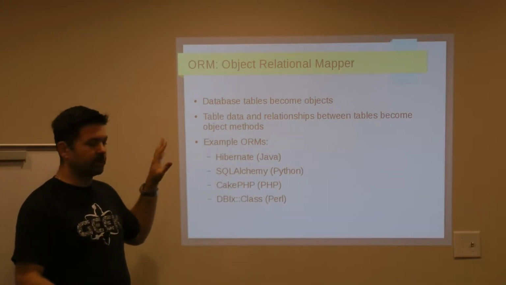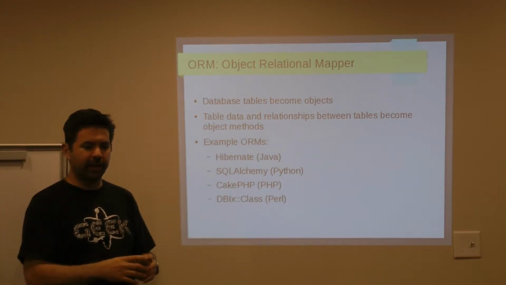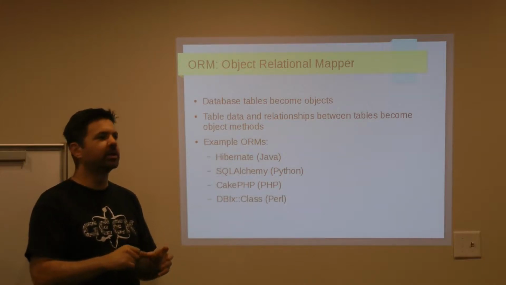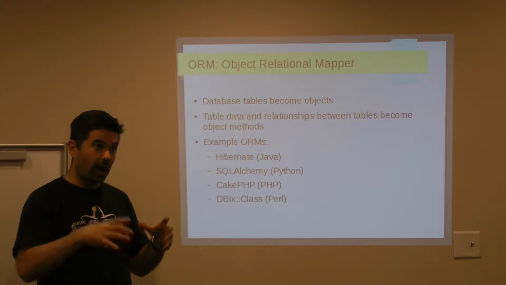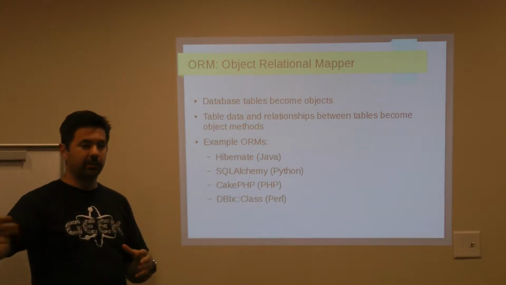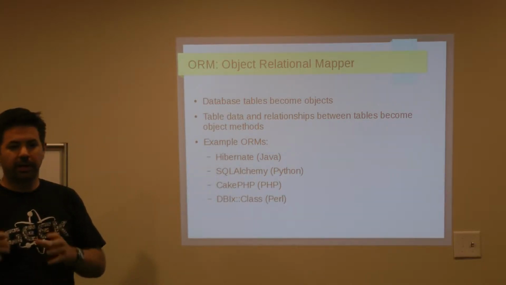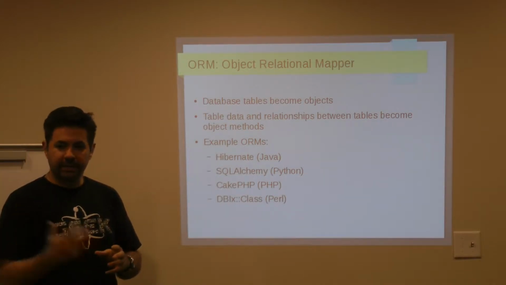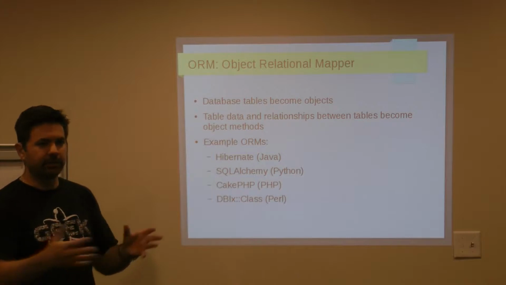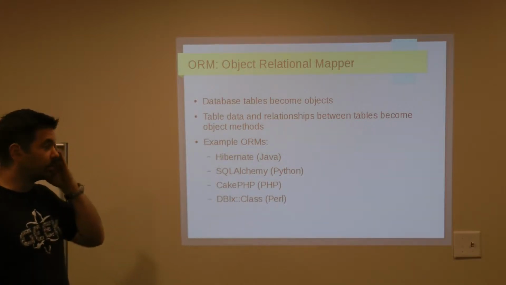So you have a CD object, and you can call the artist method, and you get another object. From the artist object, you can say, give me all the CDs that this artist has, and that returns a list of objects, that sort of thing.